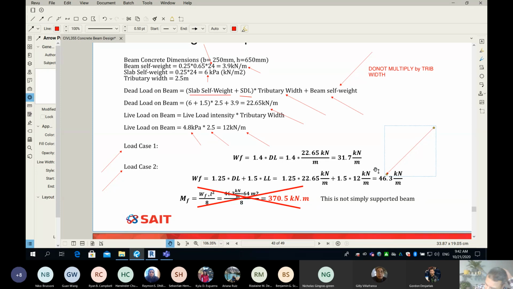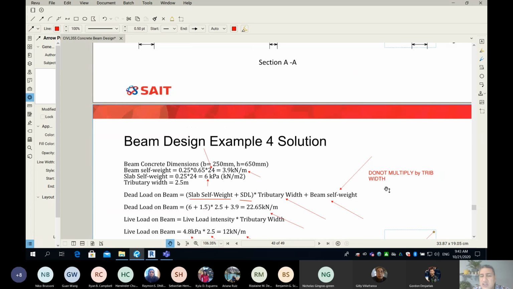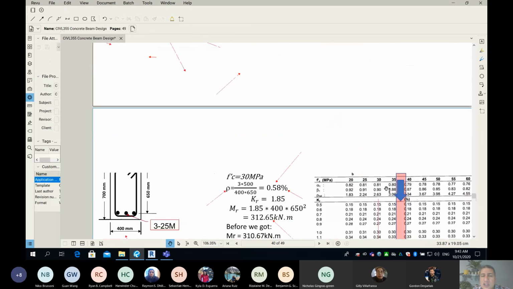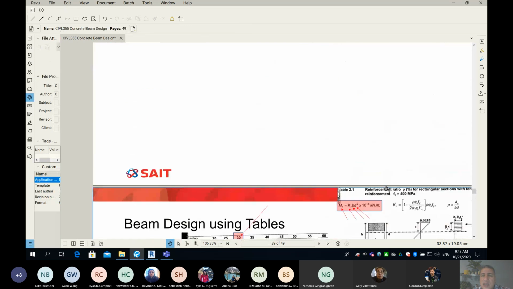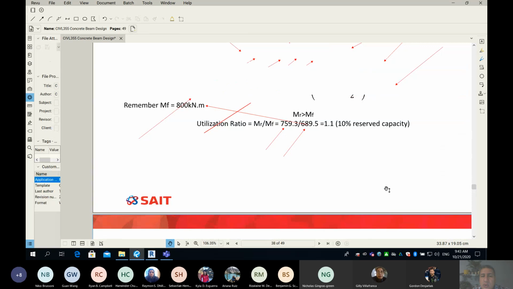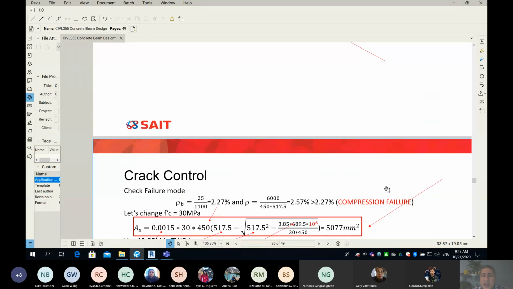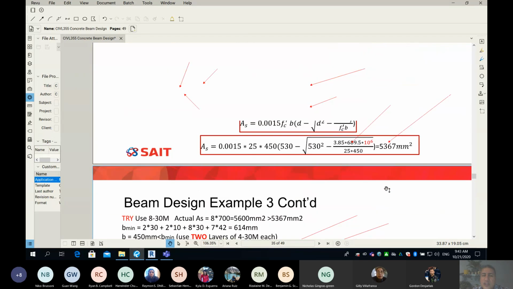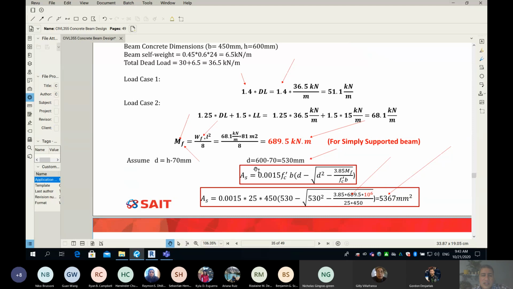Probably I'm going to stop soon, but let me ask you. Now we have WF. If you go back to question number 3 and number 2, you will see I threw WF into one equation. I'll show you. Here I used WL squared over 8.